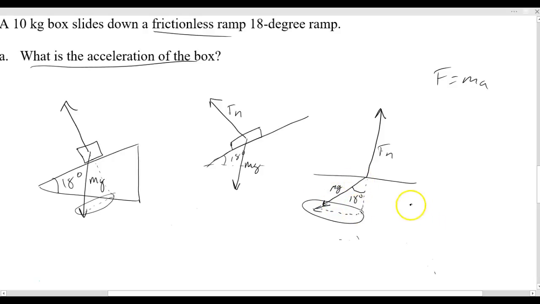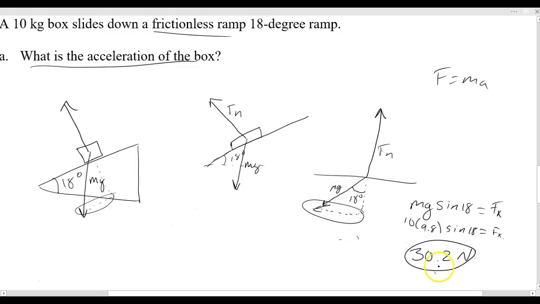So mg sine of 18 will equal the force, and I'm just going to call it the force of x, right? So force in the left direction. Okay, so mg, my mass is 10 kilograms, 9.8 is my acceleration due to gravity, and then the sine of 18. So when you calculate this out, you get Fx is equal to 30.2 newtons.